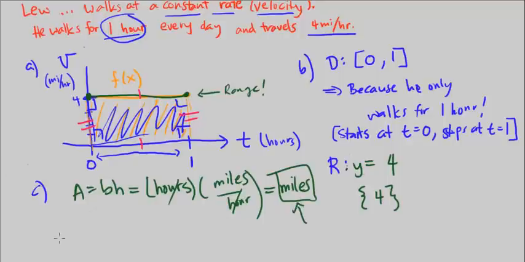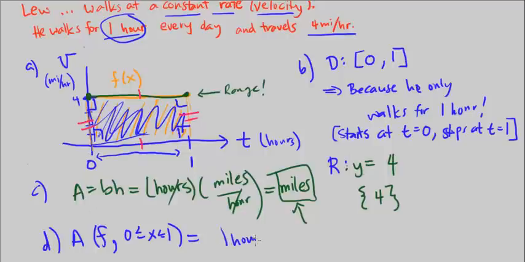So part D, yes, we are going to find the area of the shaded region. The area of our function between 0 and 1 is just the base times the height. The distance between 0 and 1 is 1, so that's 1 hour.